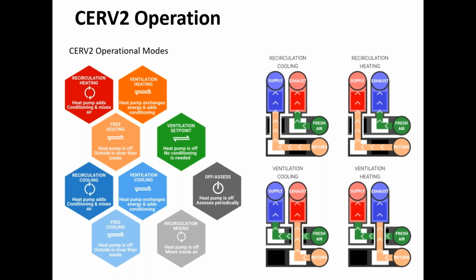In terms of the operation, this shows all of the different operating modes possible with the CERV. So in ventilation, using energy recovery as well as a heat pump, you get ventilation, heating, and cooling modes. You can also, the system can keep the heat pump off. So if all the other set points are satisfied, but you need fresh air, you just bring the fresh air in without the heat pump running.